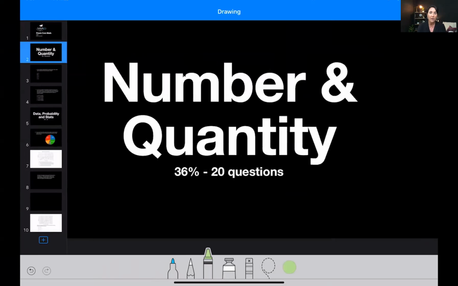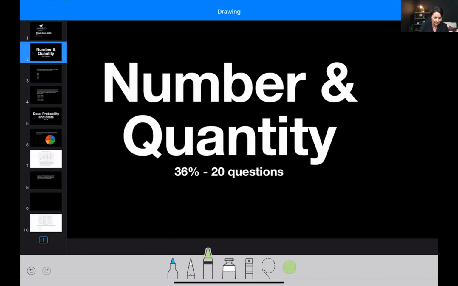When we talk about number and quantity, it can be a variety of things. It can be anything from find this number on a number line all the way to a percentage increase or decrease. It can be very, very broad. Number and quantity will be assessed inside a lot of the other questions.